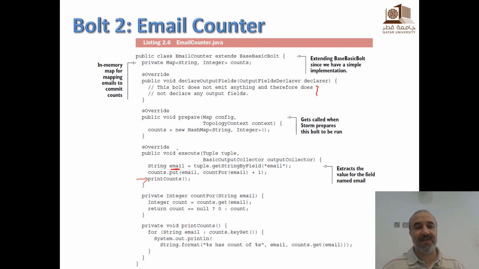What I wanted to say here is that this code runs where? We remember the architecture of the cluster. We have a worker node. Worker node has worker processes. Worker process has executors, and within the executors there are tasks.